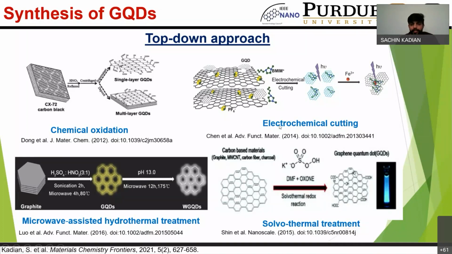And similarly, Chen et al. used electrochemical cutting of graphene sheet, which was prepared using a CVD process, and they have used it for ion sensing. And then Lu et al. prepared white fluorescent GQDs using graphite, and they have used sonication in strong acids. As you know, each coin has two sides, so they have advantages and disadvantages as well.